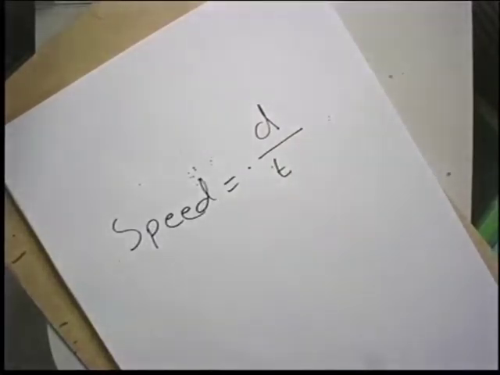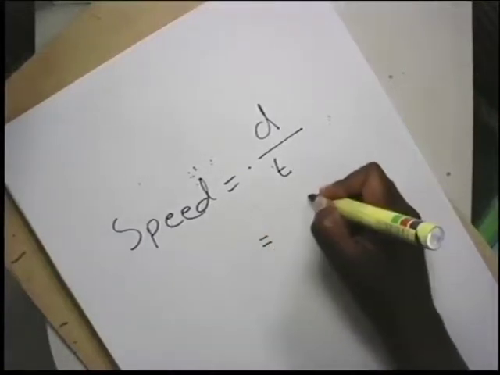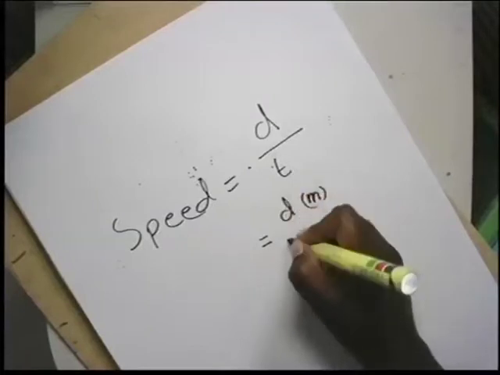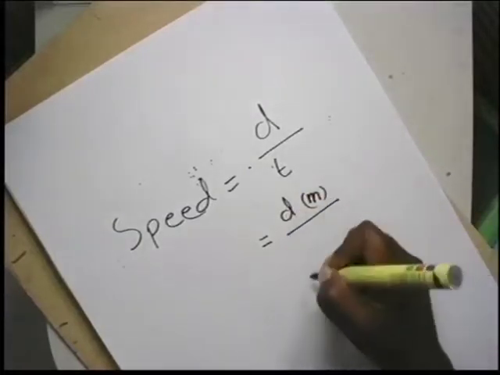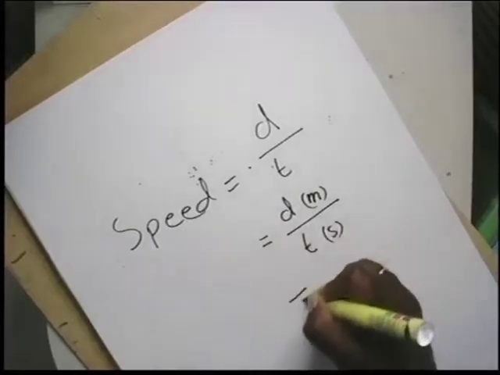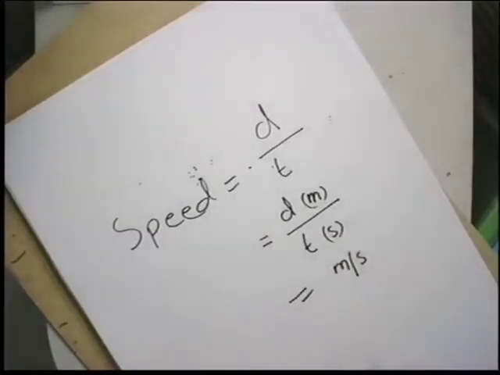And sometimes we use S for distance instead of D. Now, because we were focusing on units, when you do your calculation, you have to be mindful of your units. We have distance measured in meters and time measured in seconds. So our unit will be meters per second. That is our unit for speed.